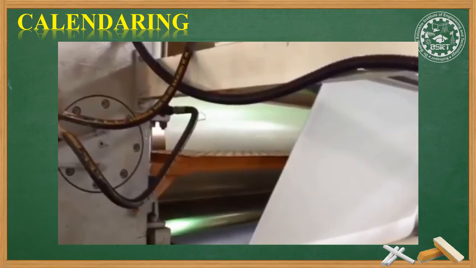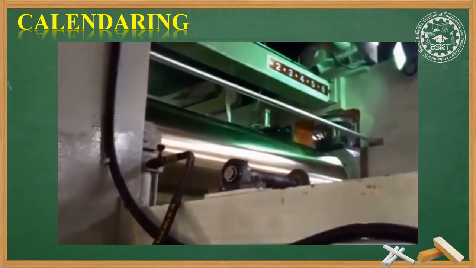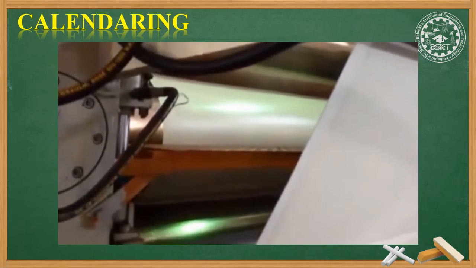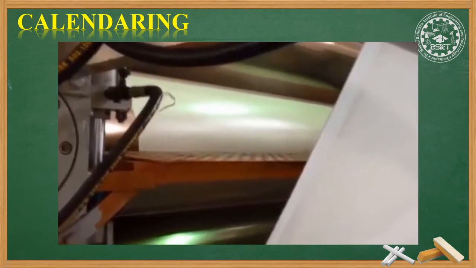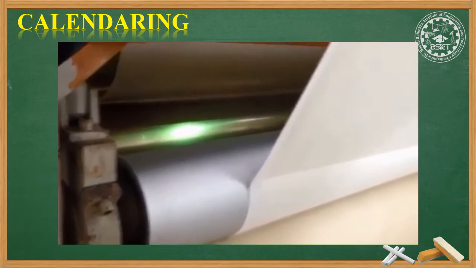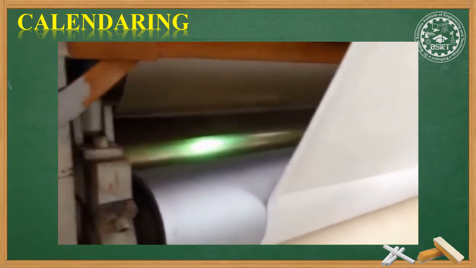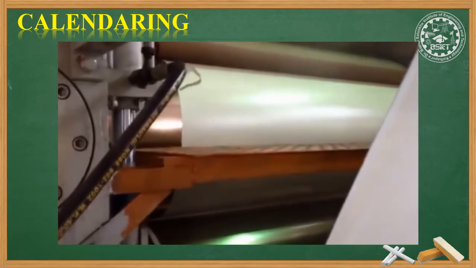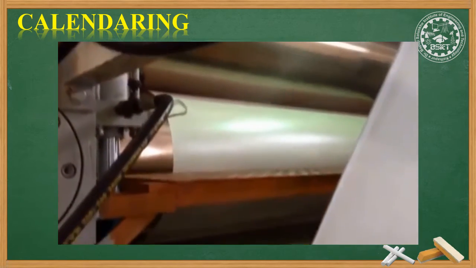Now this is the back side of the calendar, so you can see at the top the ribbon comes down, it gets spread into a film which is right there, and then it gets fused right back onto the backing, which is this white thing coming through. The backing and the PVC get fused together through the calendering process.